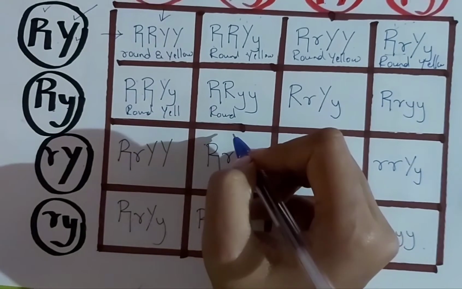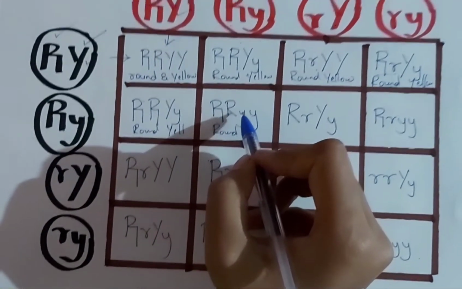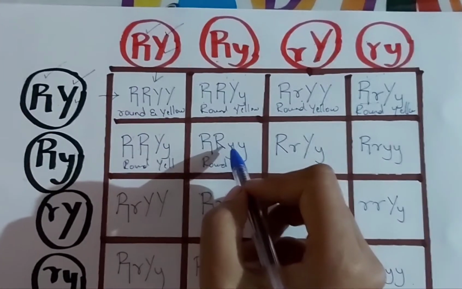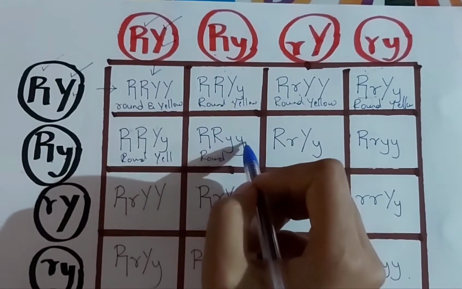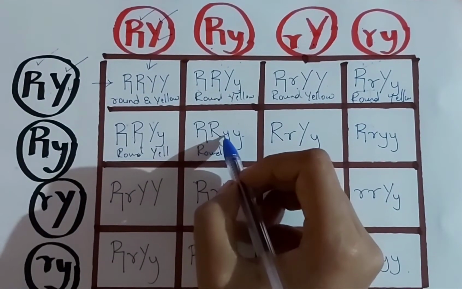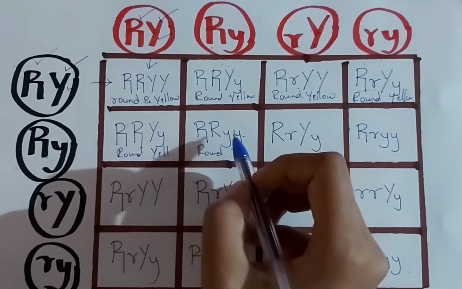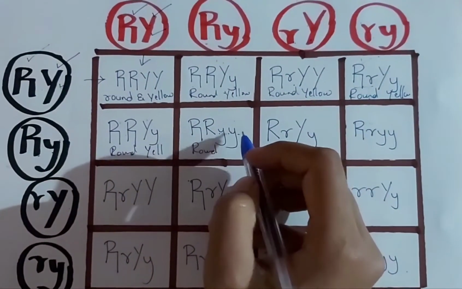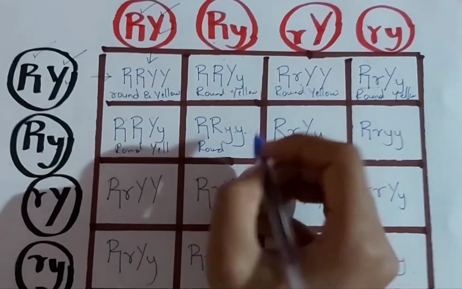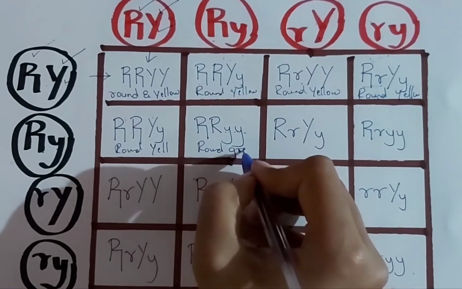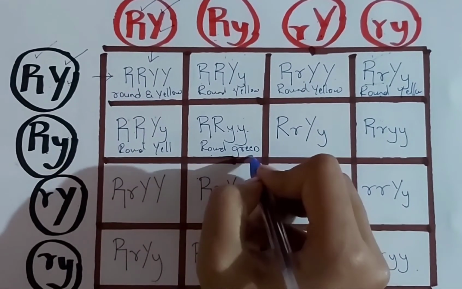Both are recessive alleles. Only the recessive phenotype is expressed when it is present in the homozygous condition. That means both the alleles should be small y, then only green color is expressed. So now it is round and green.